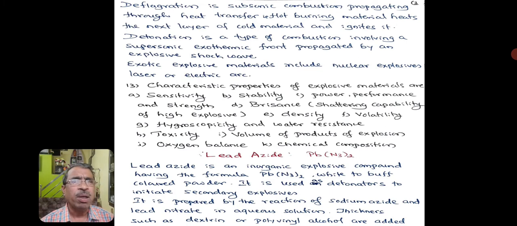For example, if you start burning a paper, it continuously burns till all the paper is burnt. If a cloth starts burning, it continuously burns till all the cloth is burnt. This is called deflagration.